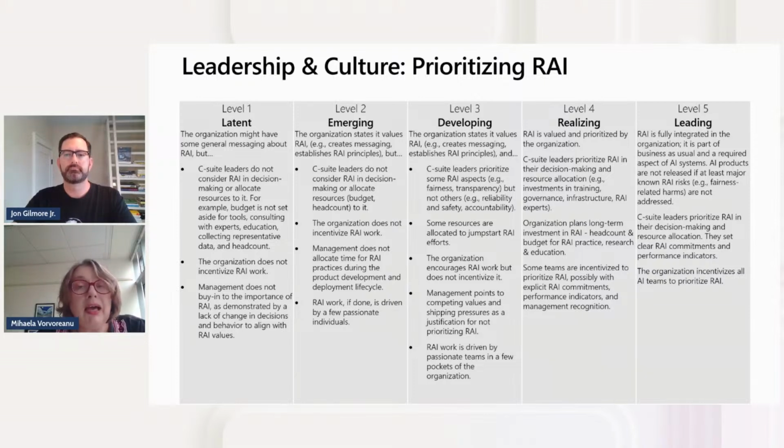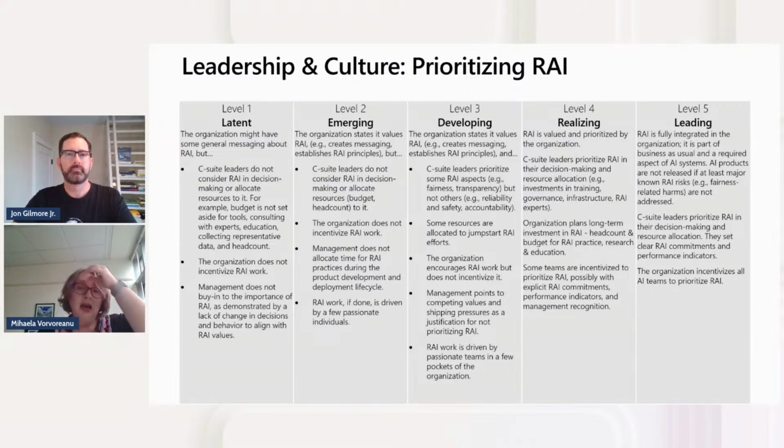And then at the highest levels of maturity, we see RAI being prioritized in business decision making. So those are some of the differences that you're going to see across these levels.